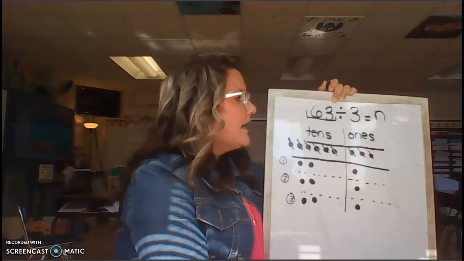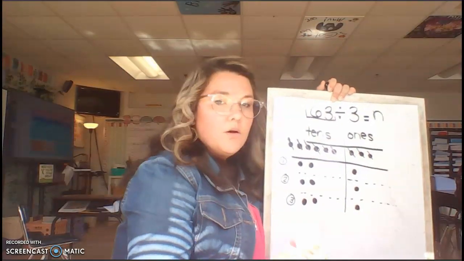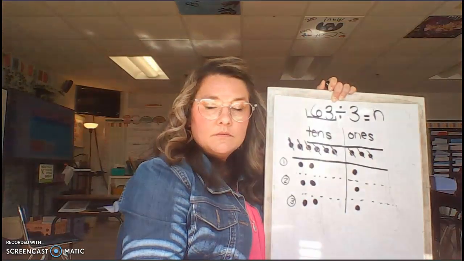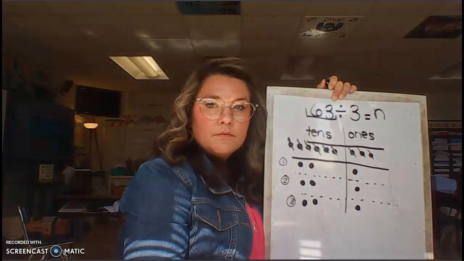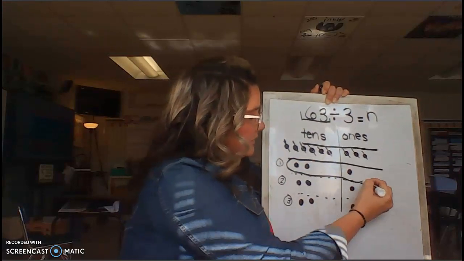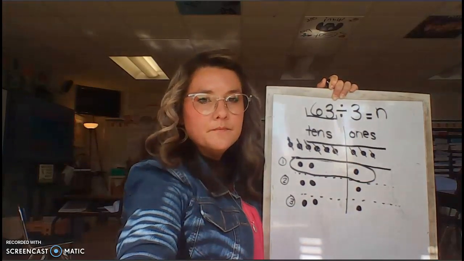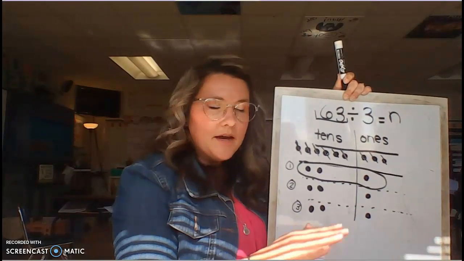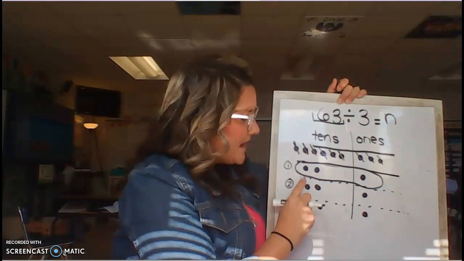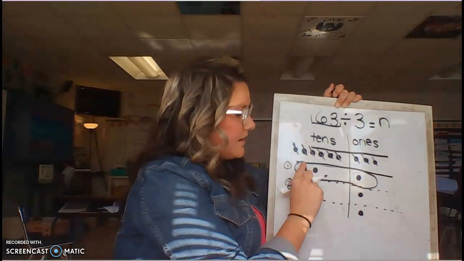So if I were to ask you, what is 63 divided by 3? Where is your answer? It's what's in each group. So if I look at group 1, sorry about that blip. All right, so my answer, I have to look and see what's in each group.